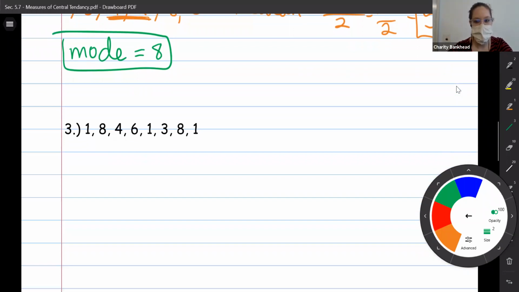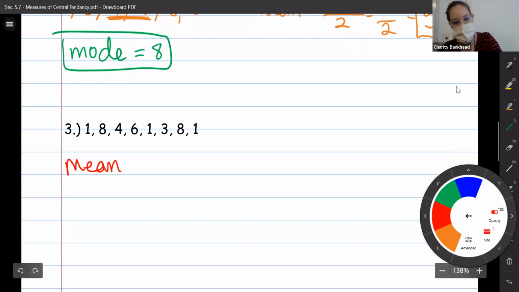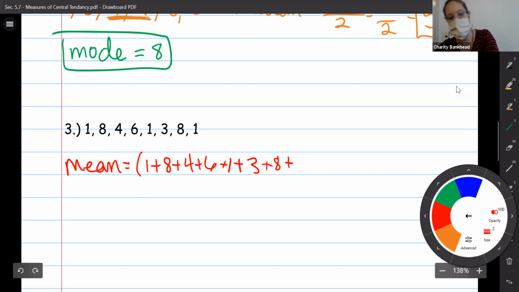All right. Number 3, same thing. So let's find the mean. So 1 plus 8 plus 4 plus 6 plus 1 plus 3 plus 8 plus 1. And there's 8 numbers in this list, so we divide that sum by 8.